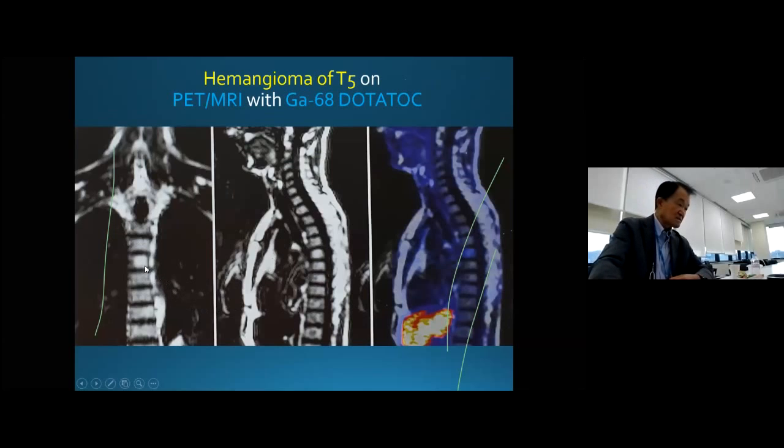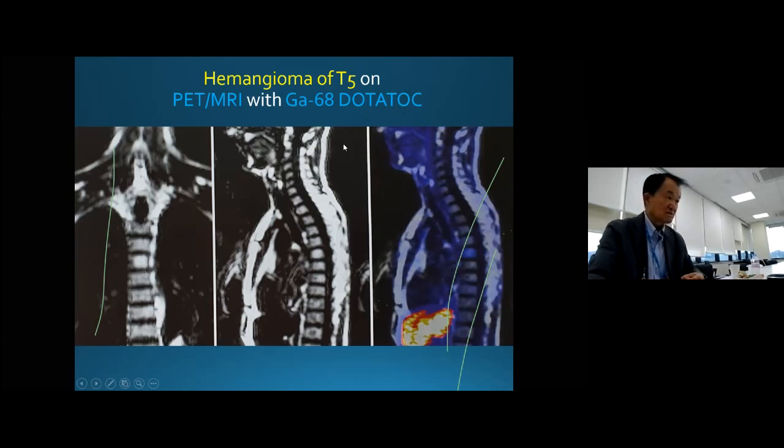There is a sort of increased signal intensity on T1, 2, 3, 4, 5 here. And you see just a little bitty increased activity on DOTATOC, and this was not a neuroendocrine tumor.